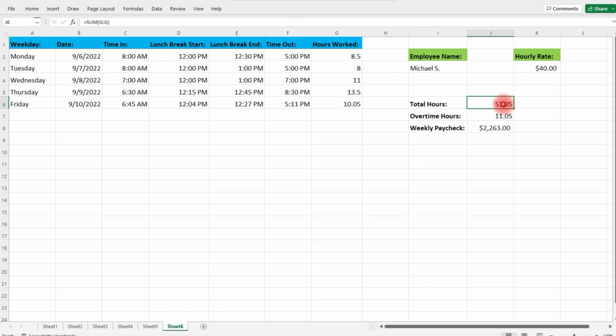But the 11.05 is also included here, and we multiply that by 40. So the net effect is that we multiplied 11.05 by 60, because here we multiplied by 40, and here we multiplied it by half of 40, which is 20. So we've multiplied 11.05 by 60 in actuality.